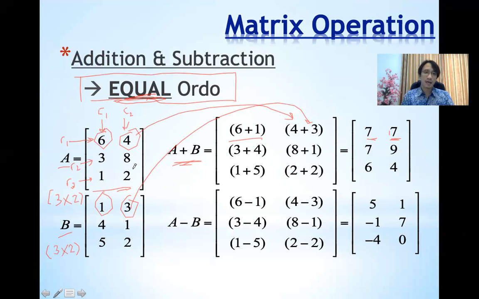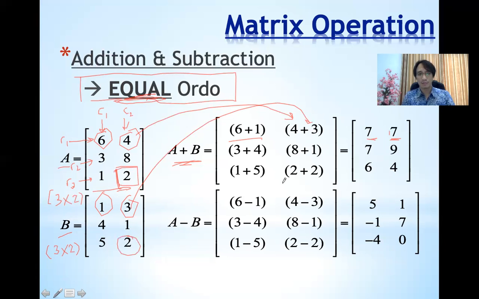So for an example, if I want to calculate the value in matrix A at the third row and the second column, for A it is 2 and for B it is 2.